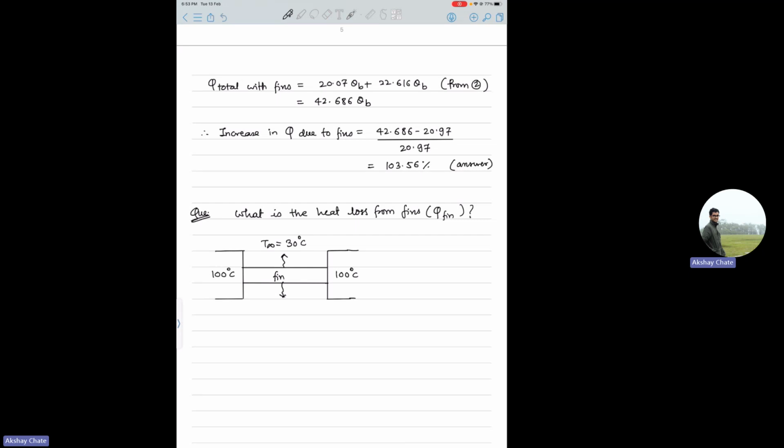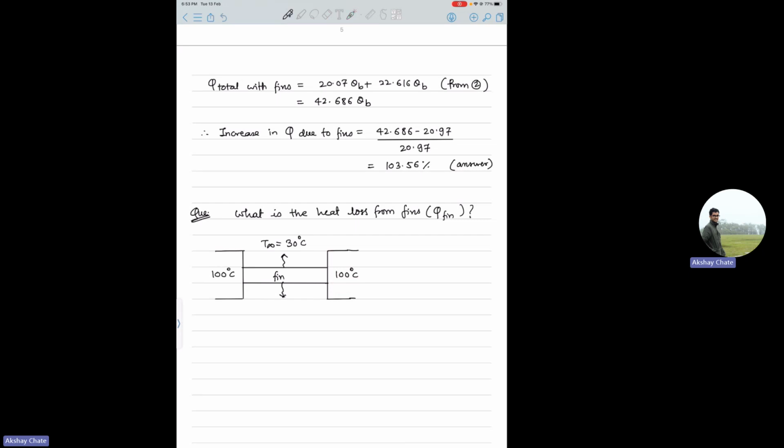So if you assume this is your base, and this is your tip, your tip is not adiabatic or exposed to ambient. It is at a fixed temperature of 100 degrees Celsius. So in this case, how will you calculate?